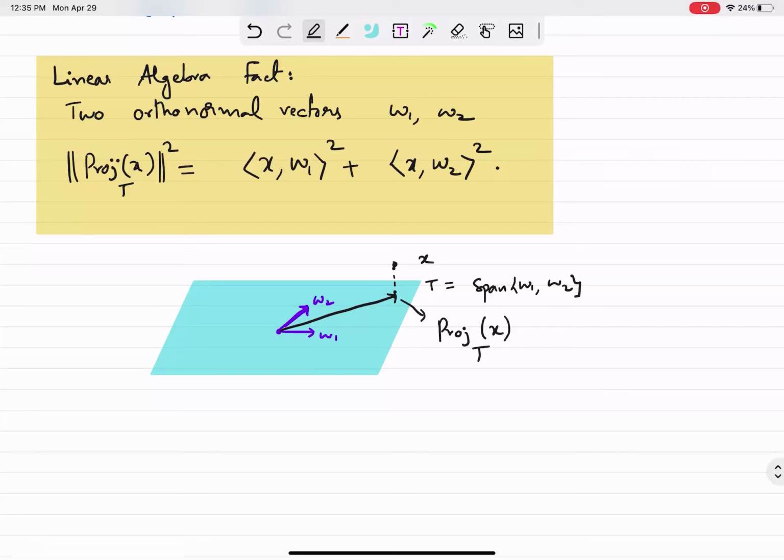Essentially because W1 and W2 are perpendicular, right? So I can compute the length of the square by projecting this line further along the directions of W1 and W2. Okay.